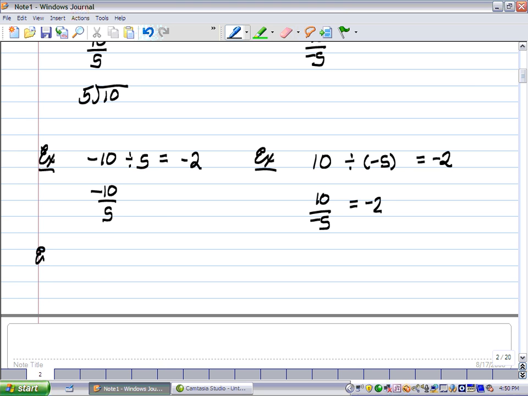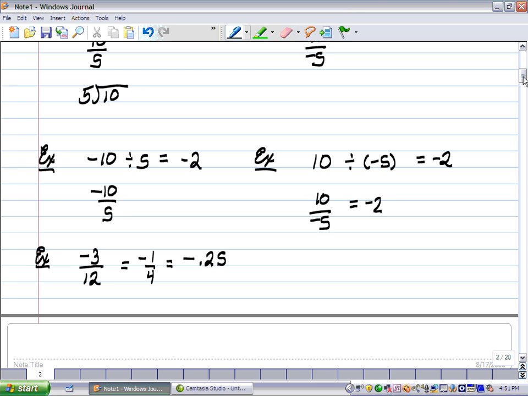Again, if I had the top one smaller, negative 3 over 12, I would have to either write it as a reduced fraction or as a decimal, but because the signs are different, the answer is going to be negative.